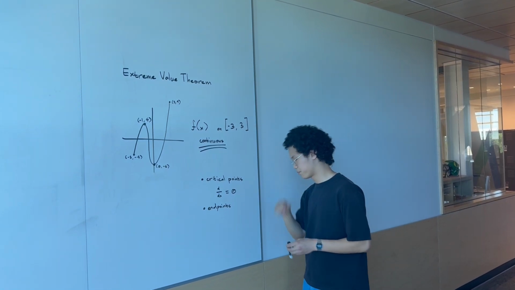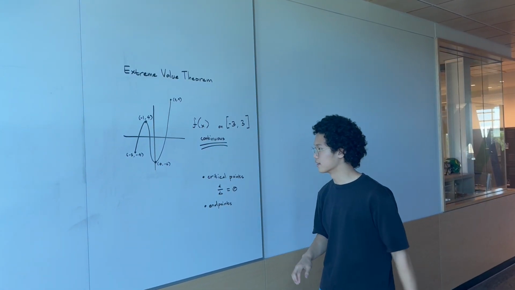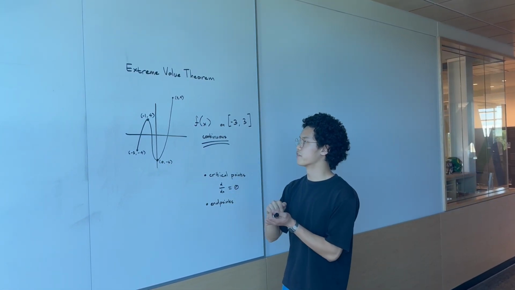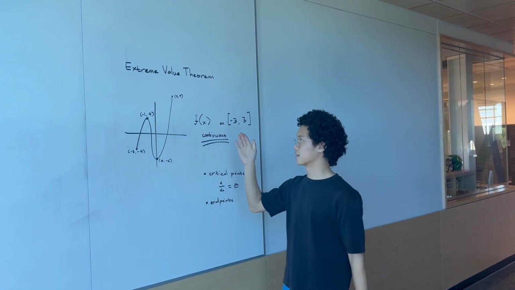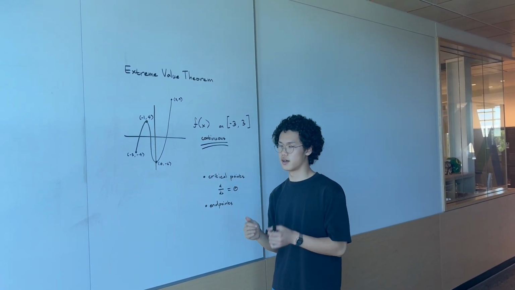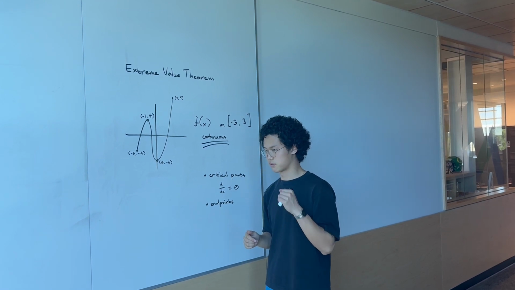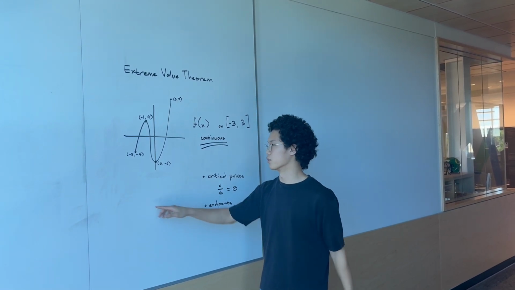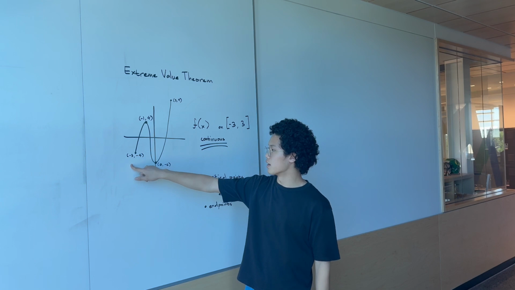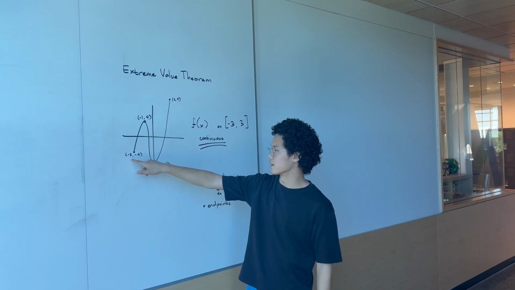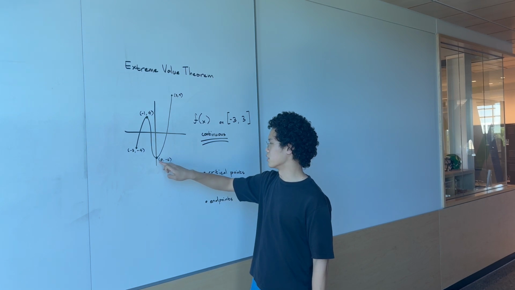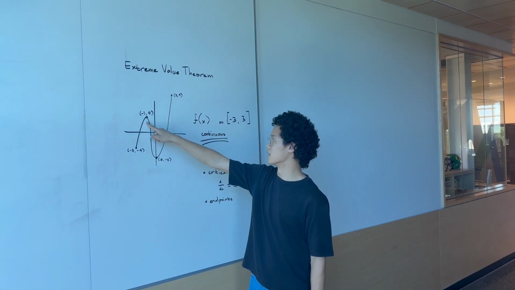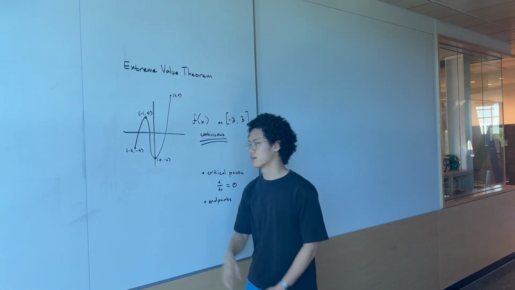For whatever function, as the extreme value theorem states, you know that there will be a maximum value and a minimum value at some point, including the endpoints, which in this case are negative 3 and 3, and some points in between. In this case, it could be here, or maybe right here.